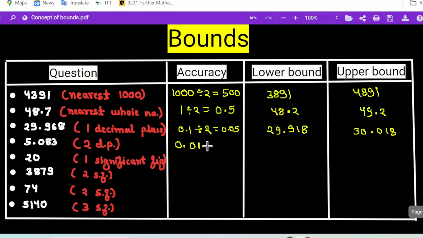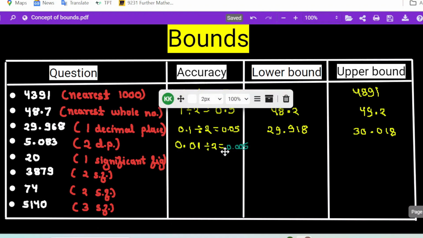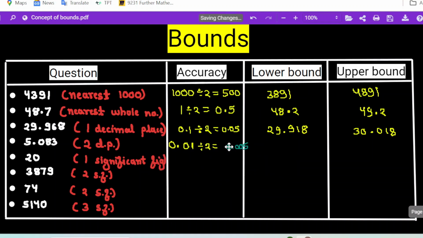You have to divide it by 2 and write the answer, which is going to be 0.005, right? After this, everything else is easier. You simply have to subtract and add the number, which is not a big deal.